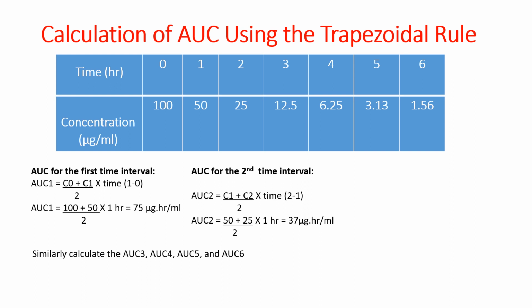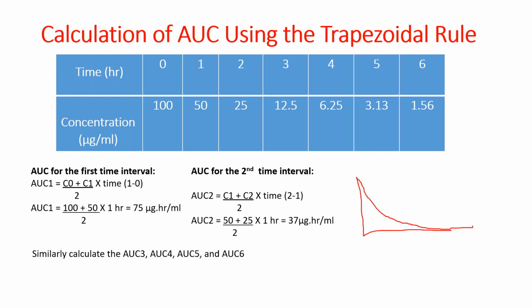After 1 hour it is reduced to 50, after 2 hours to 25, after 3 hours to 12.5, after 4 hours to 6.25, after 5 hours to 3.13, and after 6 hours to 1.56. Now, as we just discussed, we got the graph like this.